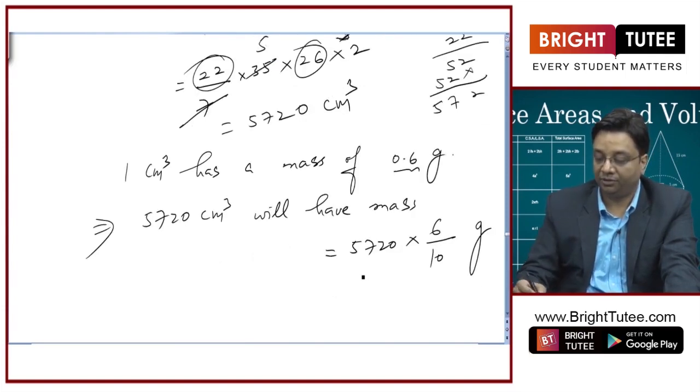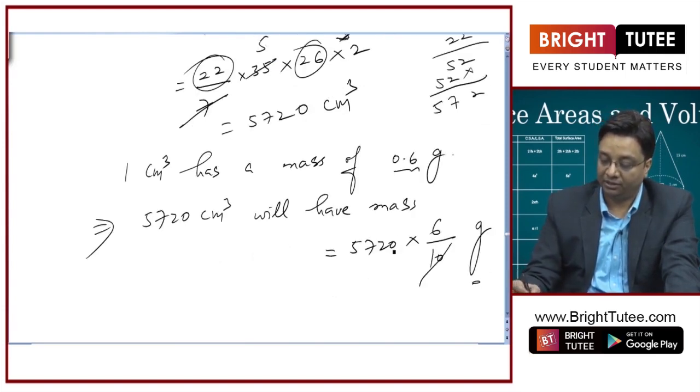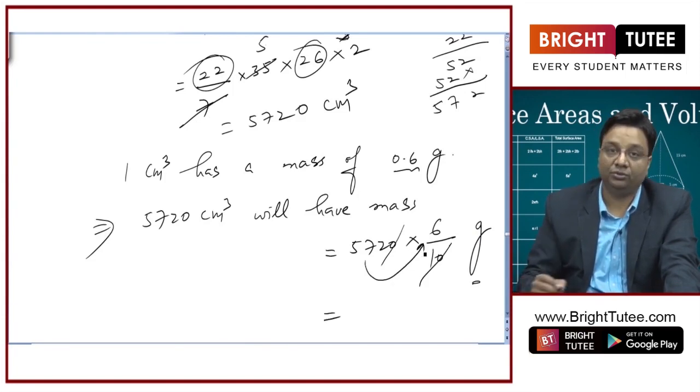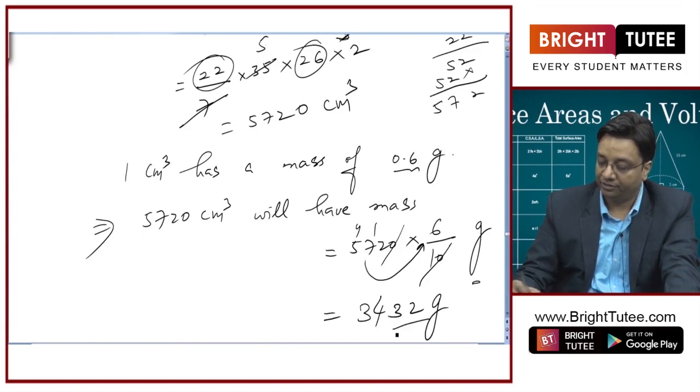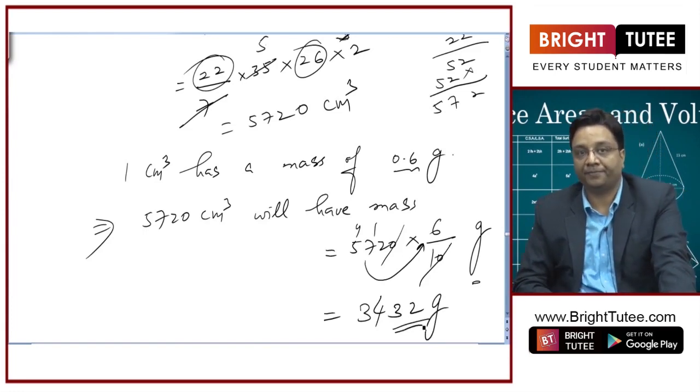So the answer that we obtain will be in grams. This 0, 0. So we need to multiply 572 with 6. 3432 grams is your answer.